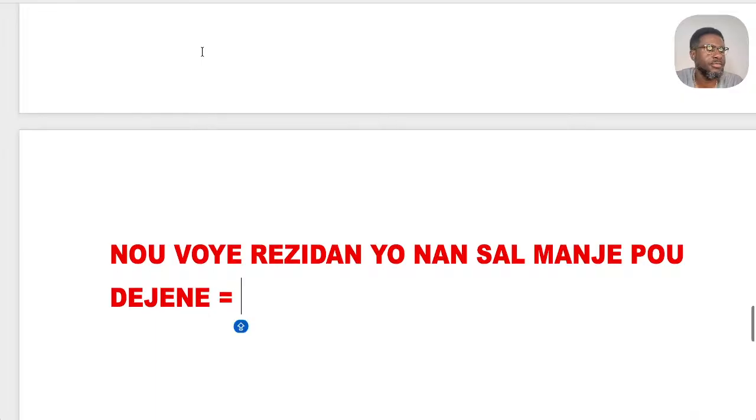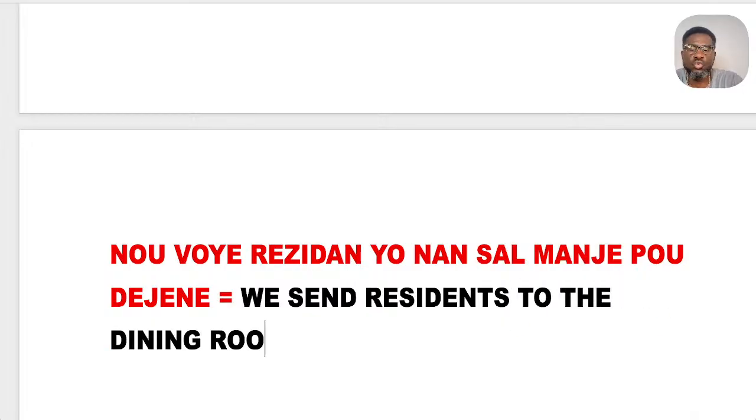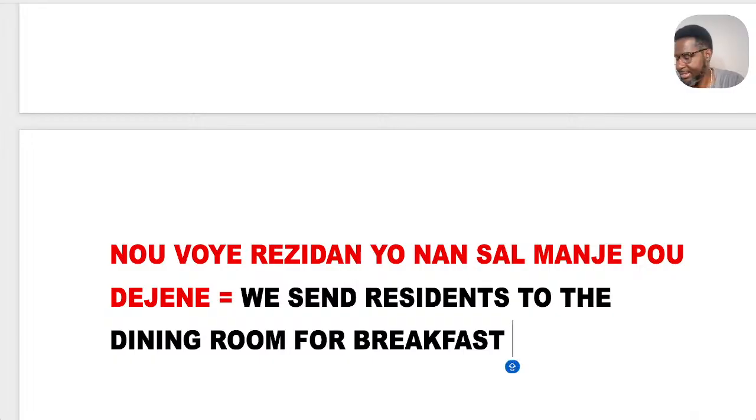Okay, what do we have for this one? So, present simple: we send residents to the dining room for breakfast. Okay, déjeuner, breakfast. So they say breakfast. We send residents to the dining room for breakfast.